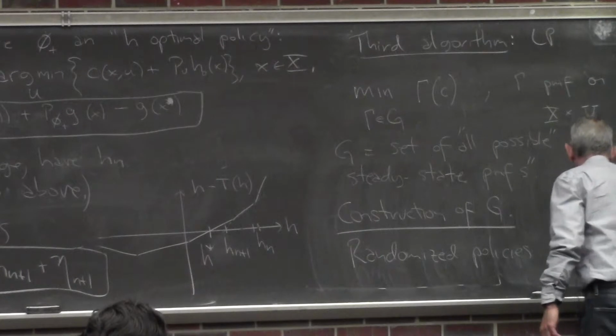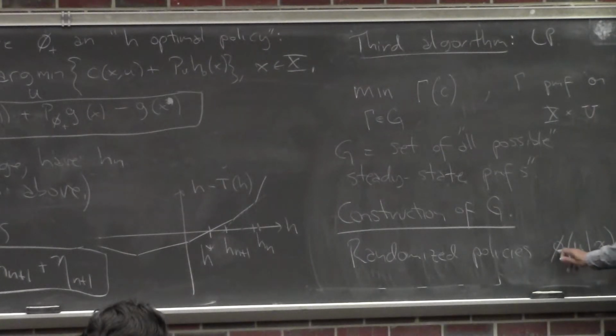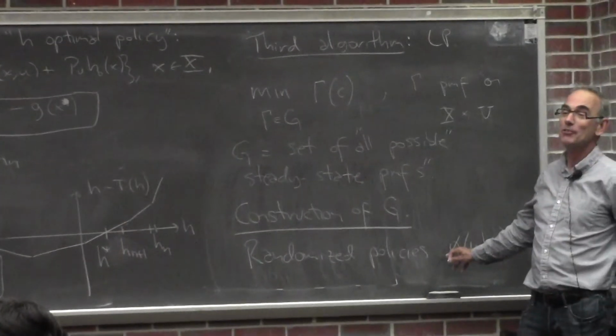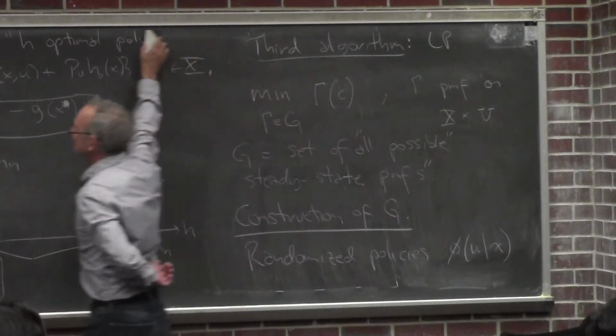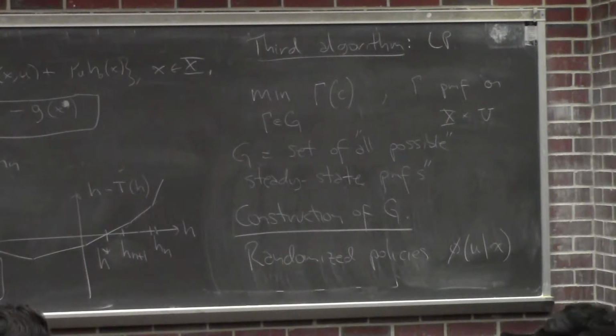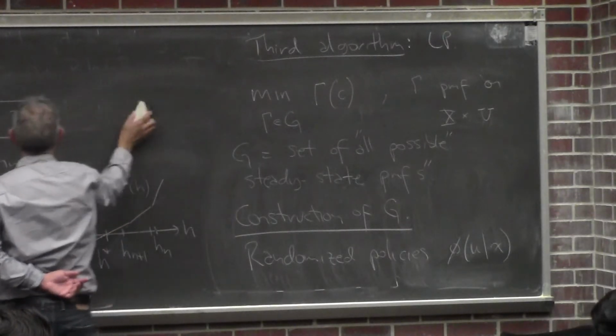So before I had a phi of u, now phi is a probability mass function itself. Don't panic.